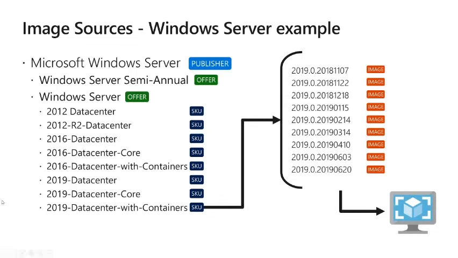These are the publishers and numbers, so this is really difficult to know, and obviously not easy to read and not easy to understand. But you see all the versions of 2016 Datacenter Core, Datacenter with Containers, and these have these image names. But you just select the default ones, and then it will give you the most used image.